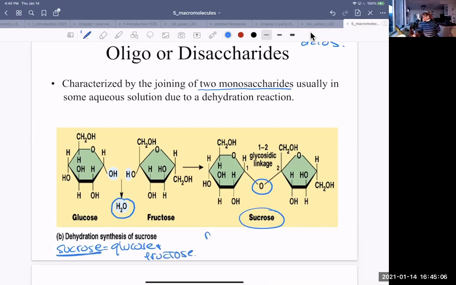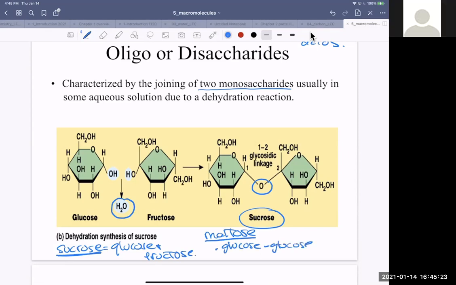Another disaccharide is maltose. And maltose is acquired by joining two glucose molecules together. Maltose.